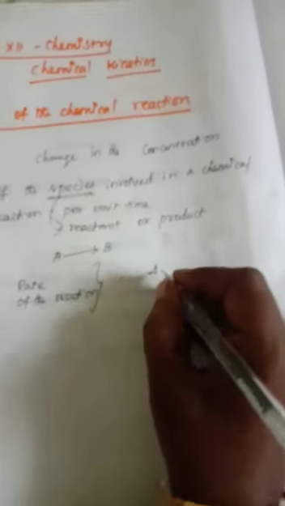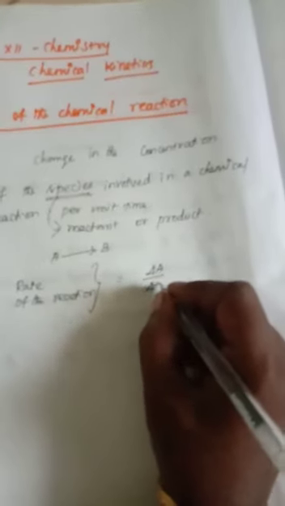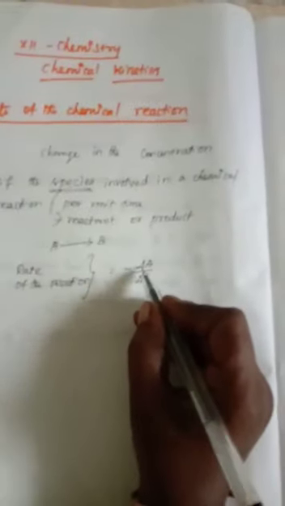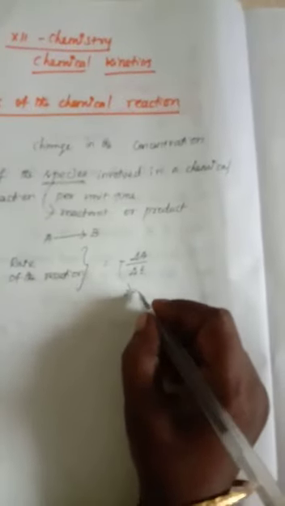Change means we used to write delta A by delta T, with a negative sign: minus delta A by delta T. This negative sign indicates that once the reaction is started, the concentration of the reactant decreases.